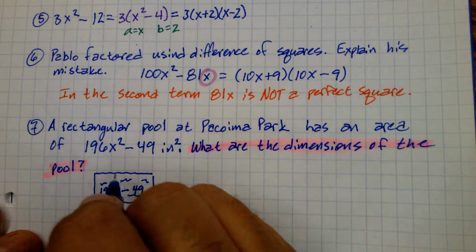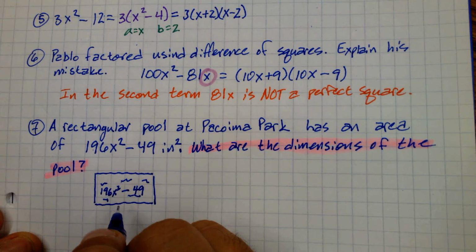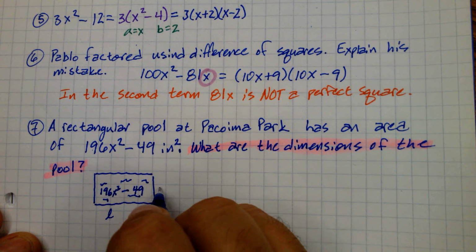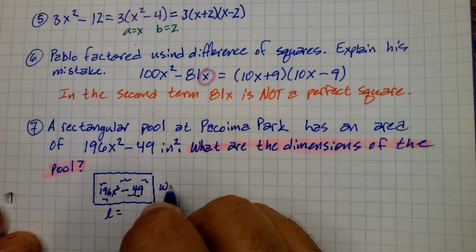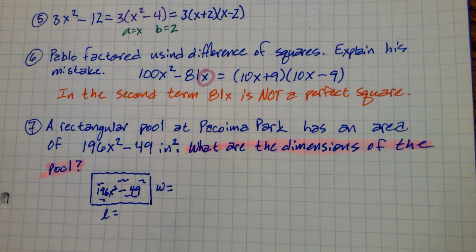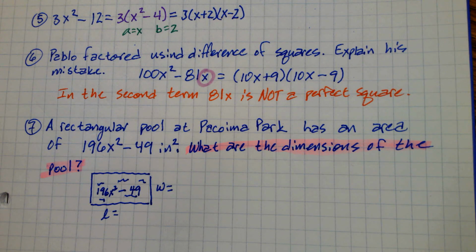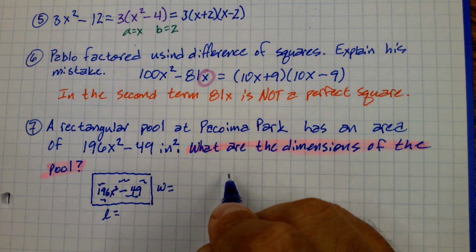But we want the length and the width. How can we find that? What do you think? What do we have to do to find the length and the width? Yeah. So they're asking us to factor this, right? So what would the length and width be? Yeah. So let's factor this.